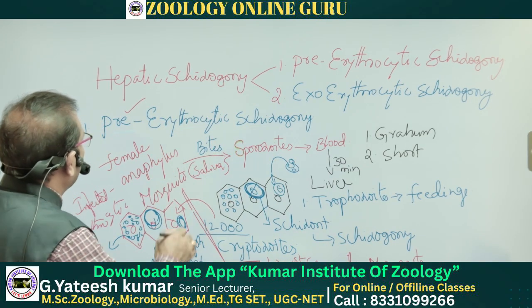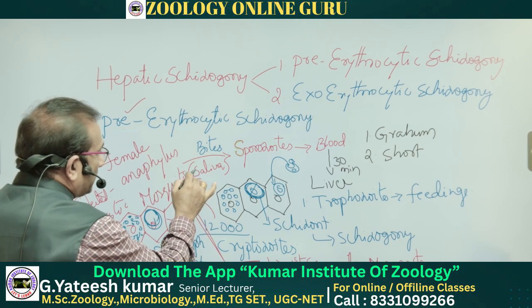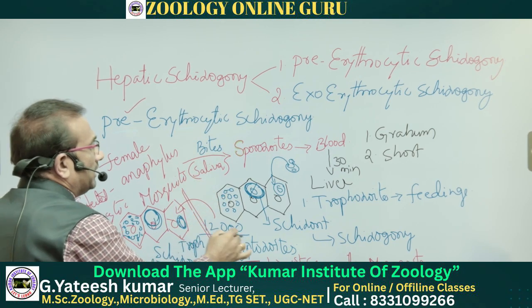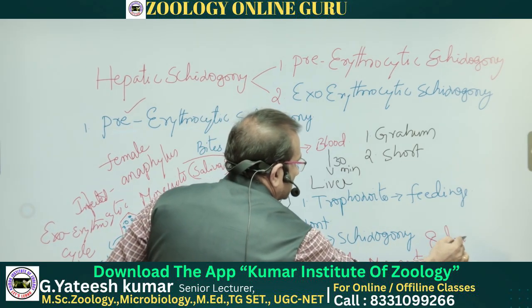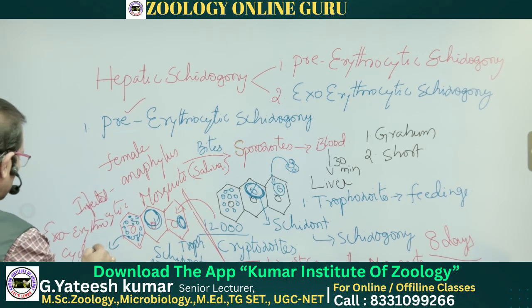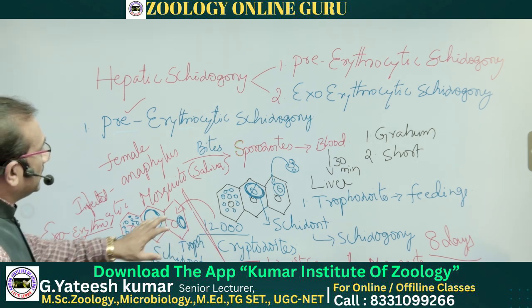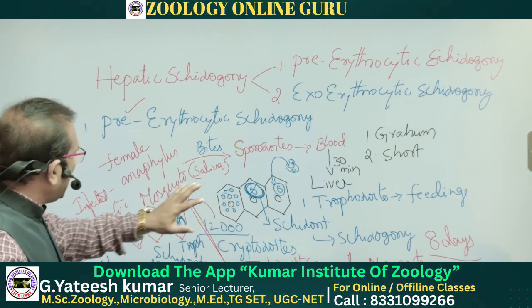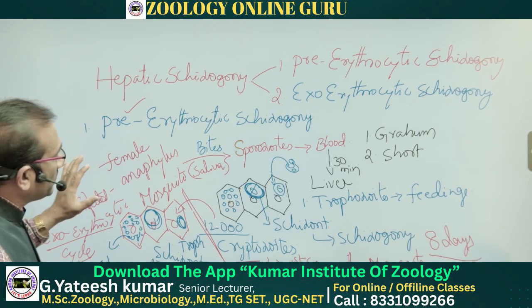Pre-erythrocytic schizogony takes approximately 8 days to complete, and the exoerythrocytic cycle completes within 2 days. So totally approximately 10 days, within which these two cycles complete.